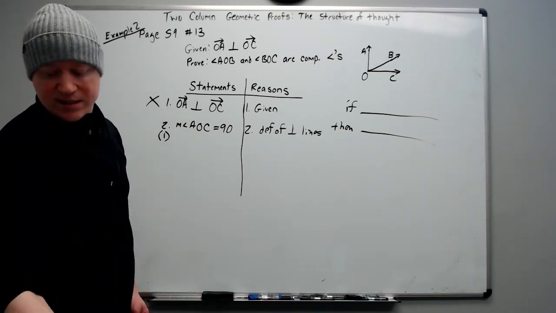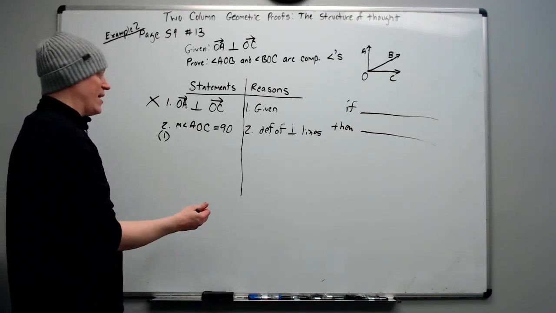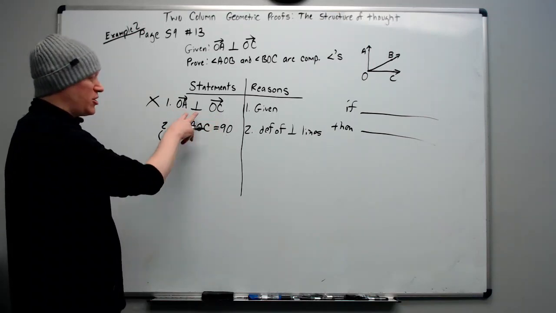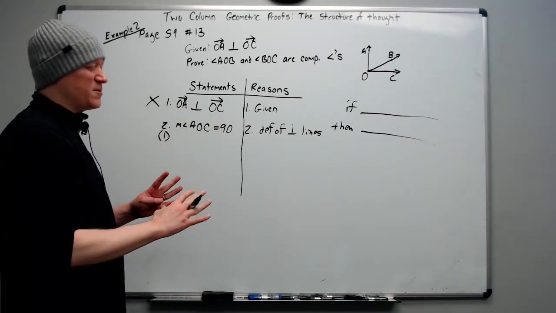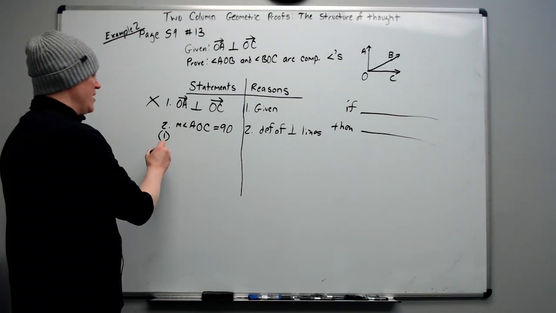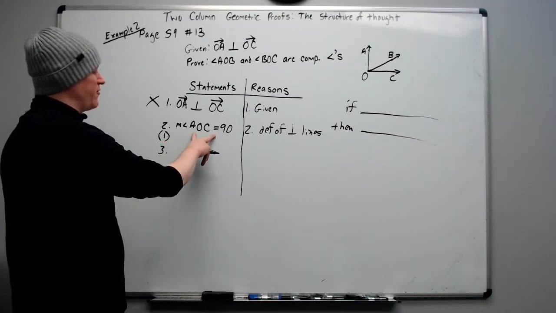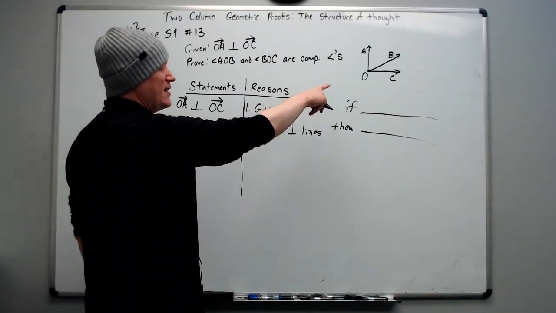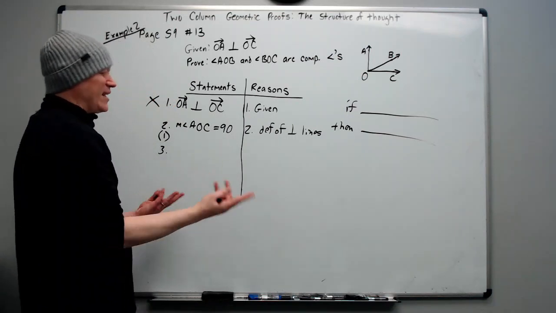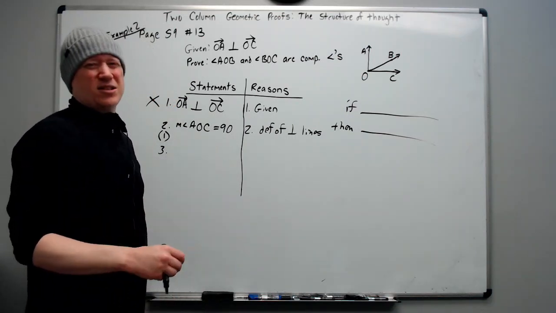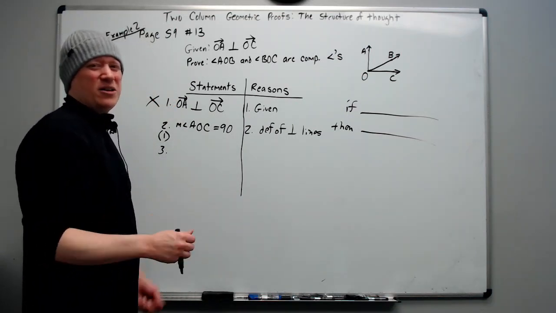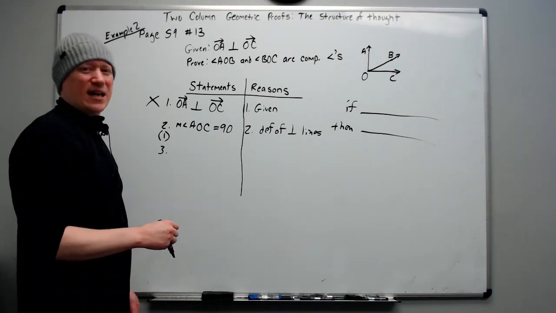Now we're going to have to look to something else to use. Instead of step 1, you could use perpendicular again in some proofs, but it's very rare. So we go to step 3. Now, the fact that AOC is 90 degrees, does that lead us to any new special conclusions? Not really. There's not a whole lot you can do with knowing that an angle is 90 degrees.